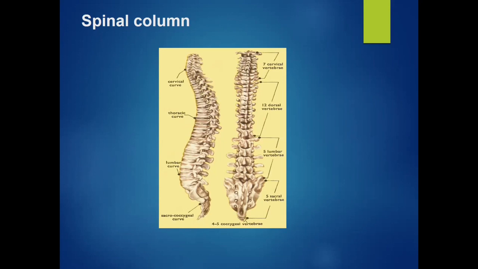And right down at the very bottom, there's 4 to 5 coccygeal vertebrae. In humans, that number can vary in total between 32 and 35, but the average person has 33, and it's because these bottom 4 to 5 coccygeal vertebrae can vary.